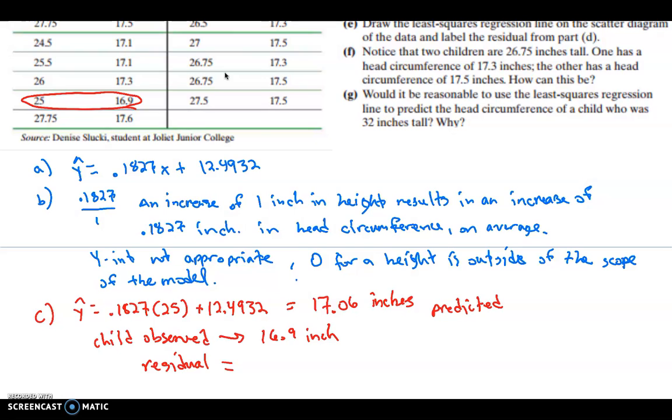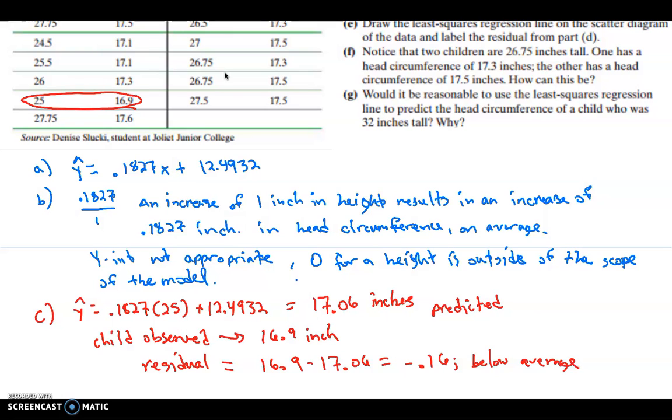And again, the residual is the observed minus the expected. So we take the observed minus the expected, and that is a negative 0.16. So when the residual is negative, this tells us that our observation is below average, below what we expected.